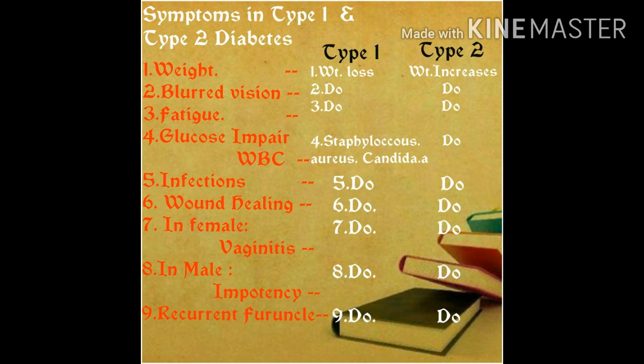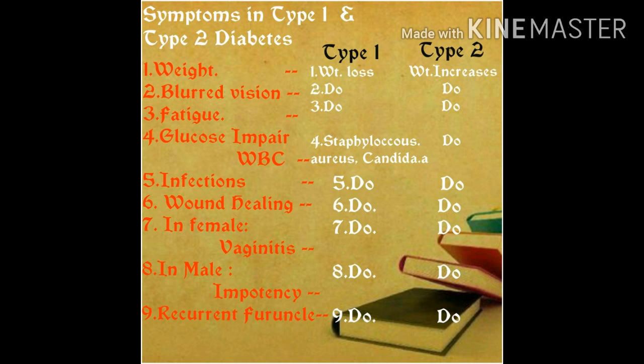So in both types of diabetes it is hampered, and streptococcus infection and candida infections can occur in both types of diabetes. Next one is infections. Any kind of infection can occur, because as WBC function gets impaired, immunity gets weaker.